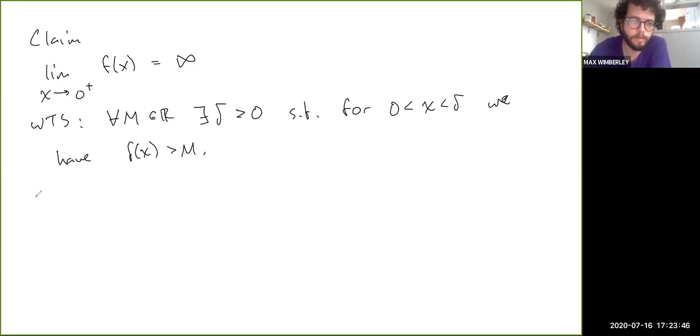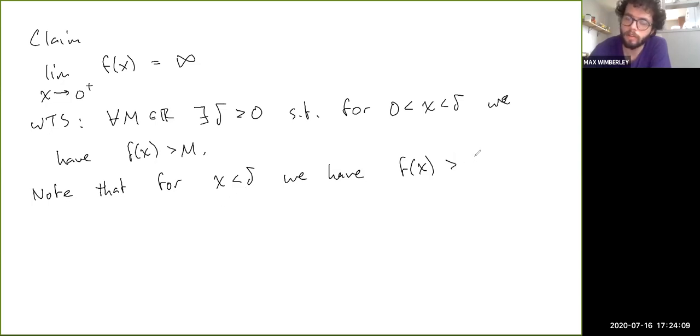So note that for x less than delta, we have f of x is greater than 1 over x minus delta, right?